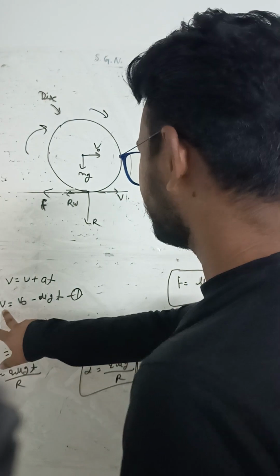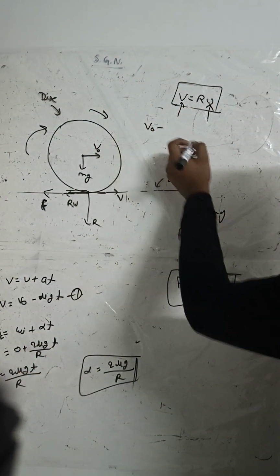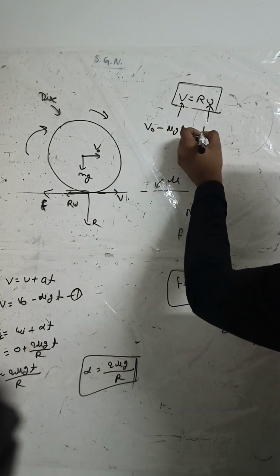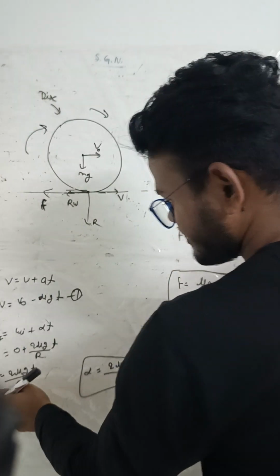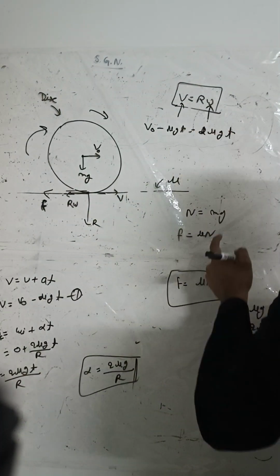Now we have omega and we have velocity, so we put them in the condition v equals r omega. From here v naught minus mu gt equals r times omega, and multiplying by r, r cancels out, so that equals 2 mu gt.